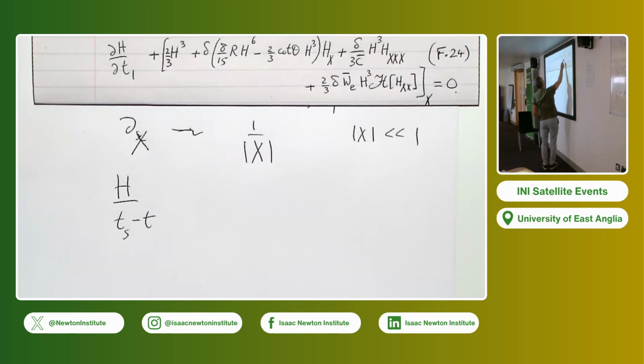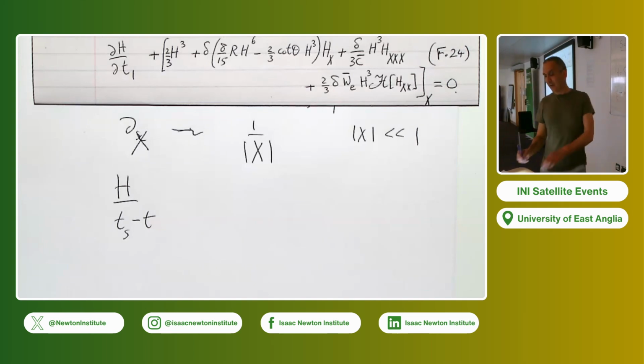Can everyone see that this will win over that, and that, and that? The reason is that it's got 4 derivatives, right? It would be 1 over x to the 4. So that will definitely win.